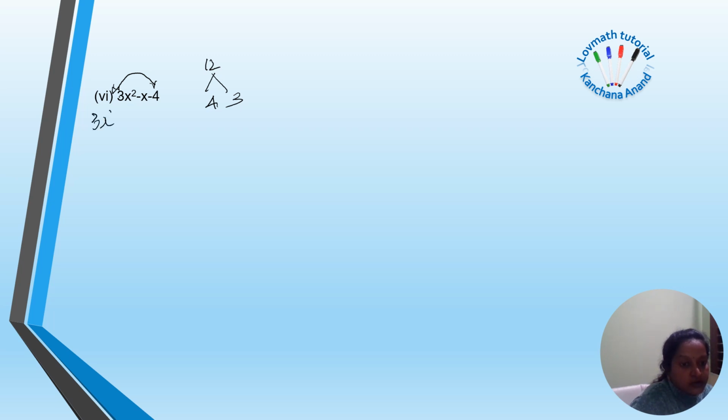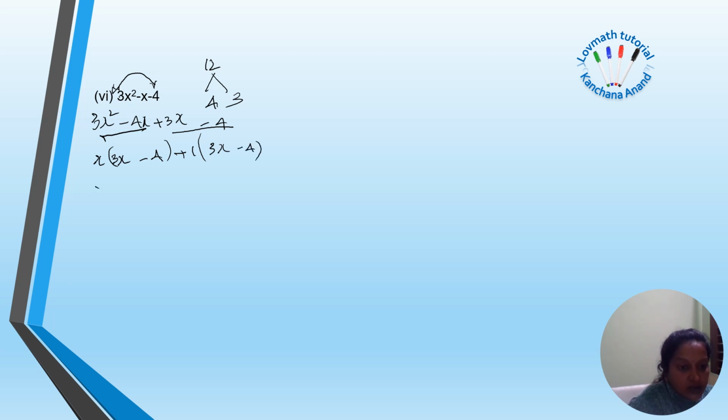Now let us find the factors. 3x square minus 4x plus 3x minus 4. By taking x as common in the first part, this becomes x into 3x minus 4, and here plus 1 as common, it also becomes 3x minus 4.